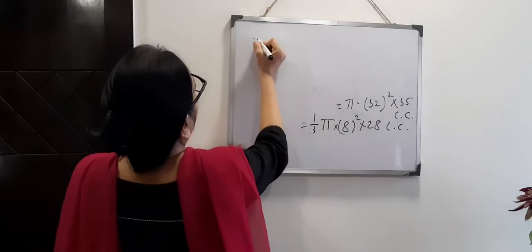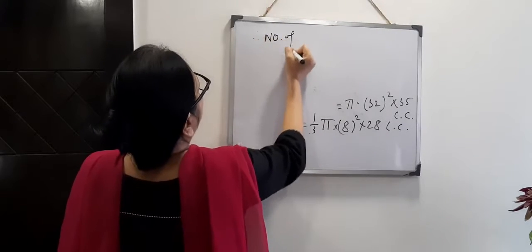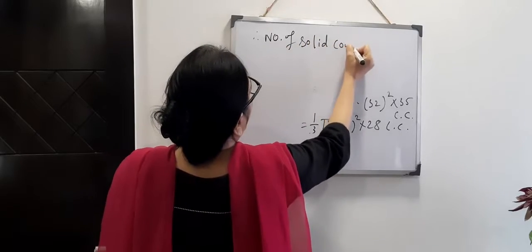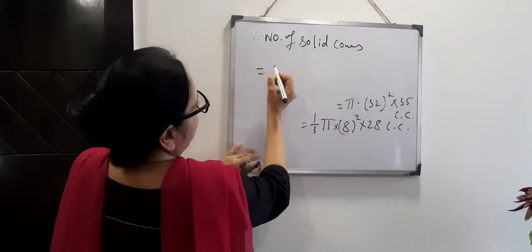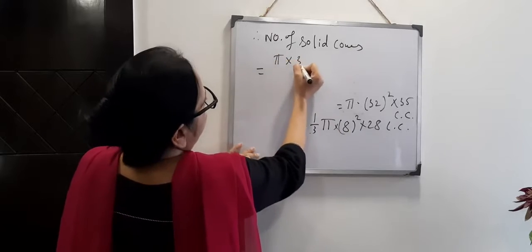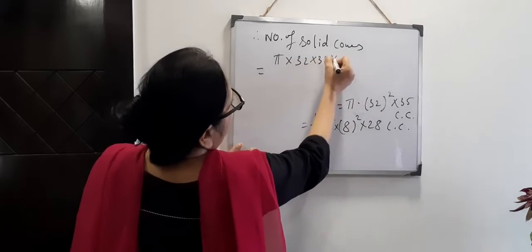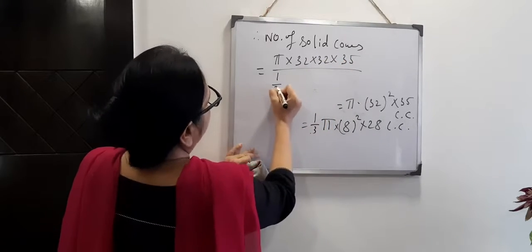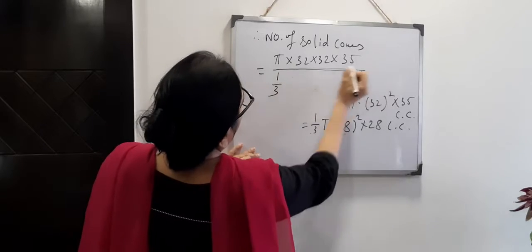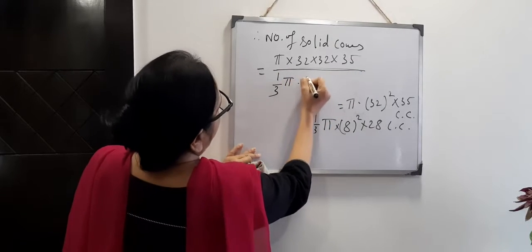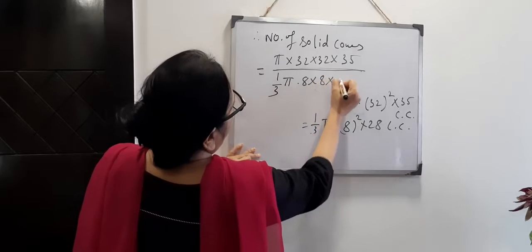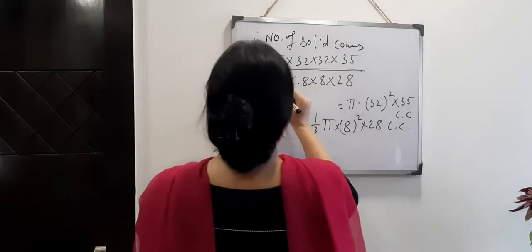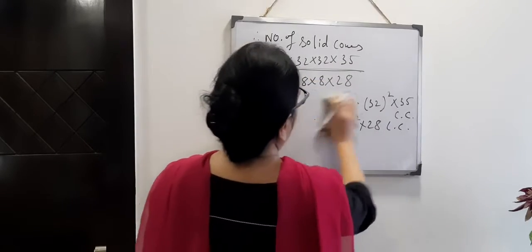Therefore, number of solid cones will be volume of cylinder by volume of cone. These three. Next step.